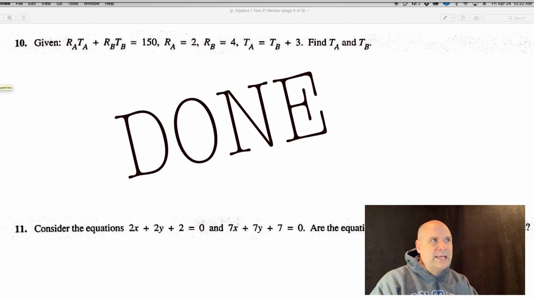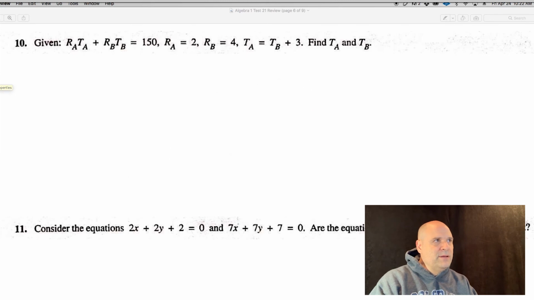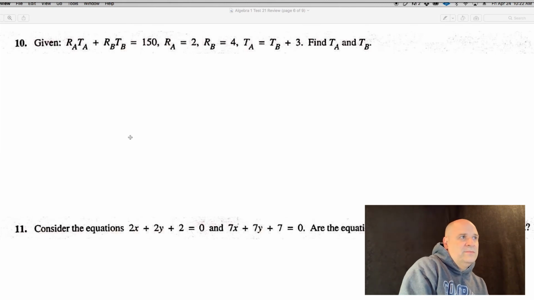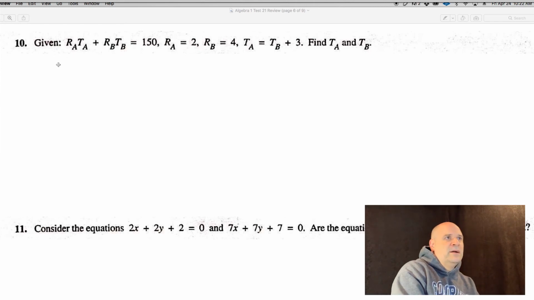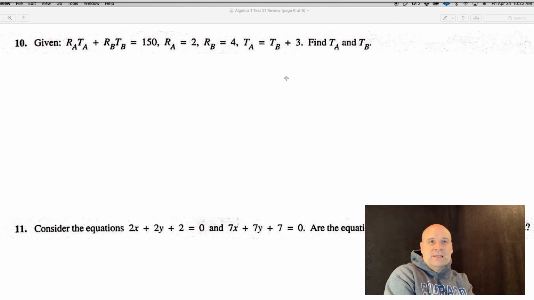All right, number 10. And we're going to stop here and do the rest on Thursday. So this will be the last question for this video, okay? So given RATA plus RBTB equals 150, RA equals 2, RB equals 4, and TA equals TB plus 3. So what we're going to do is plug in what we know here.